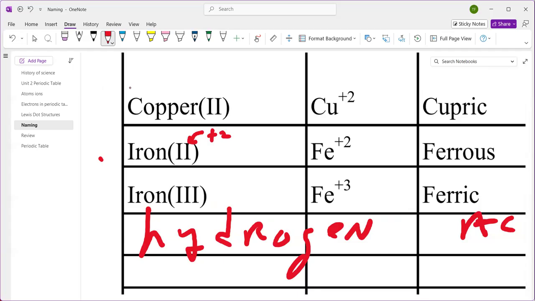Roman numeral stands for the charge. The old name is ferrous, and there's no way to tell from the name ferrous what the charge is. That's why they switched over to this newer version with the Roman numerals.